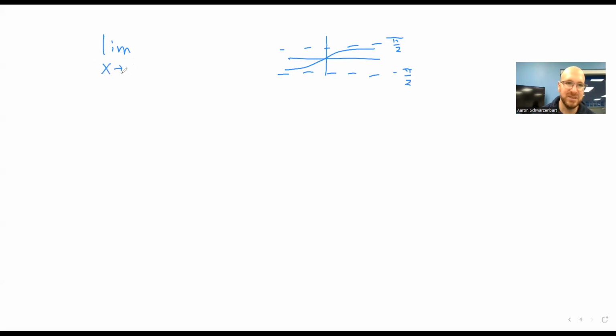So the limit as x approaches negative infinity of the inverse tangent of x equals, on the negative side, it's going to the bottom, so that's negative pi over 2. And here I'm just going to use the arctangent notation because these notations are interchangeable. For positive infinity, it's going to the upper bound, which is pi over 2.